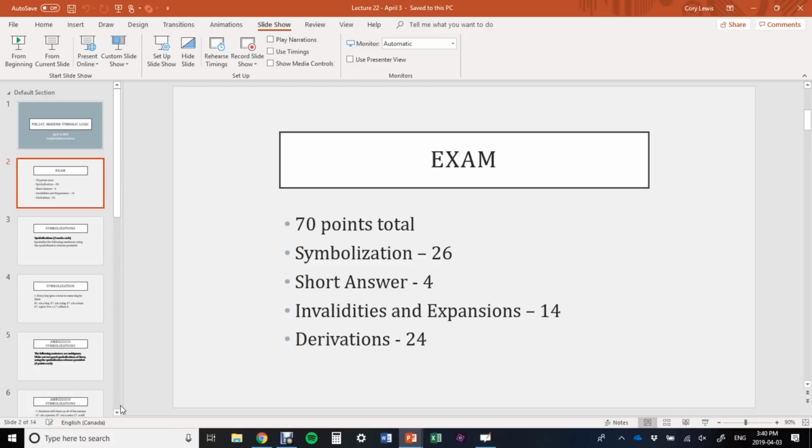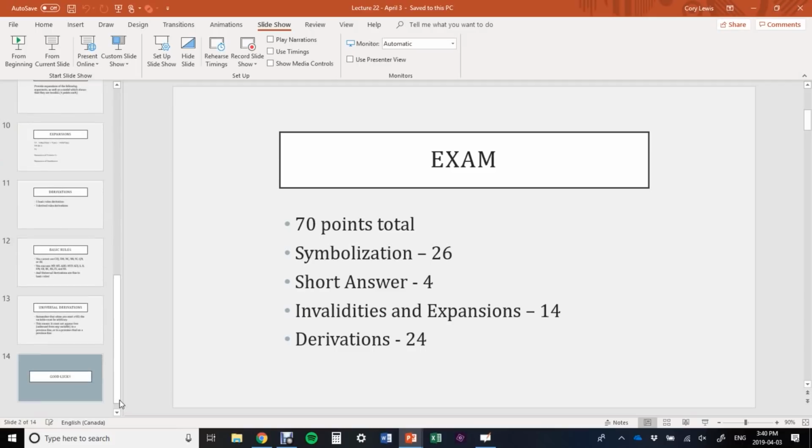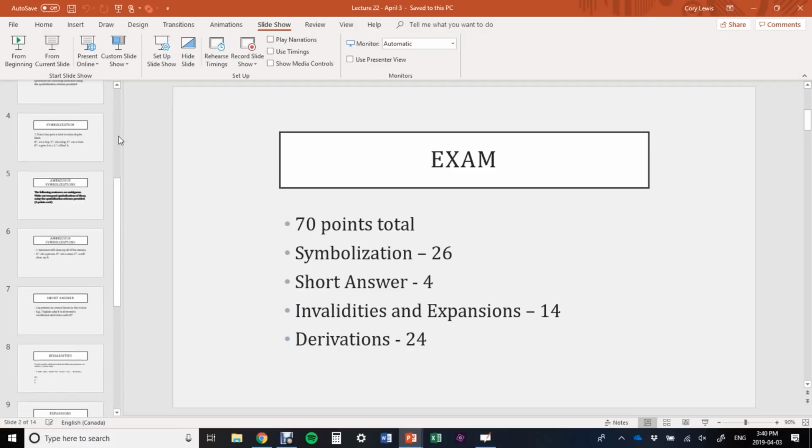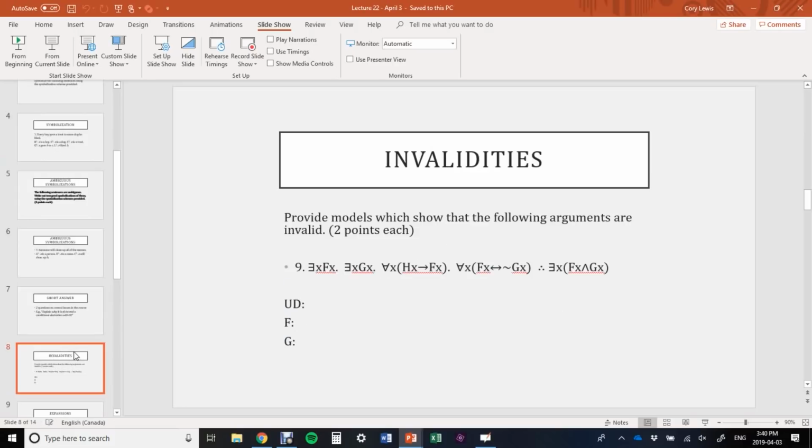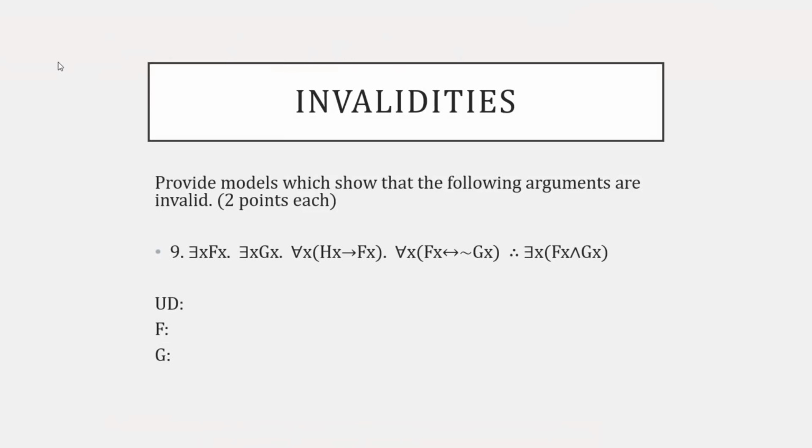So I believe there's 2 expansions, meaning there's 8 points for invalidity. So there are 4 invalidities. 4 invalidities and 2 expansions. Yeah. Okay. Other questions?